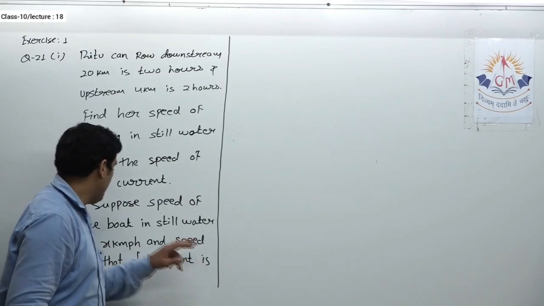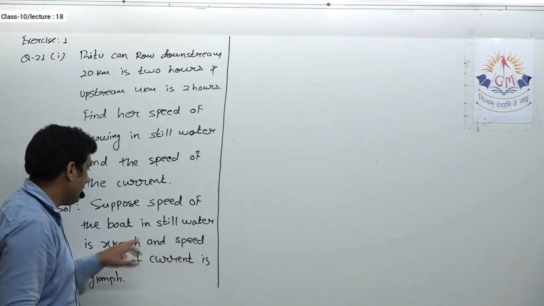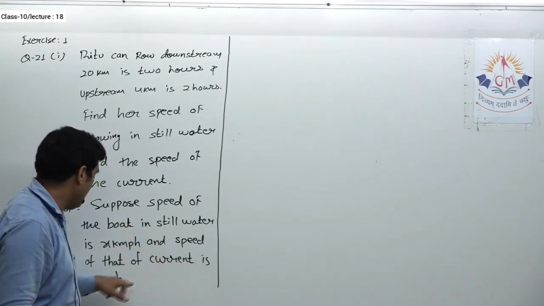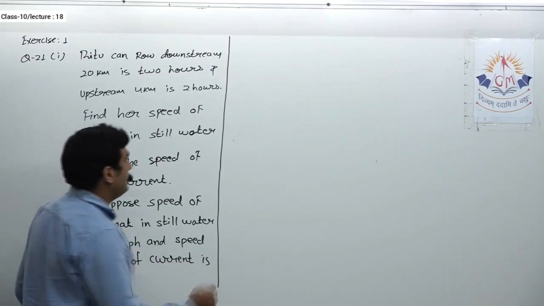We assume that the speed of the boat in still water is x and the speed of the current is y kmph.